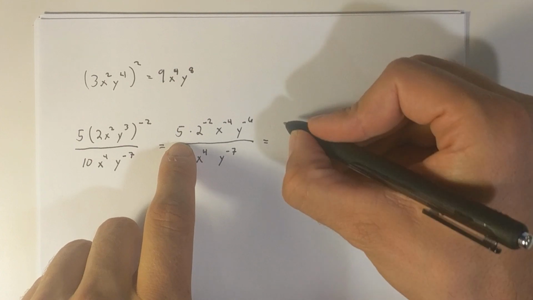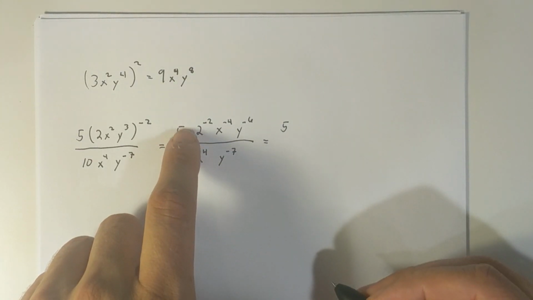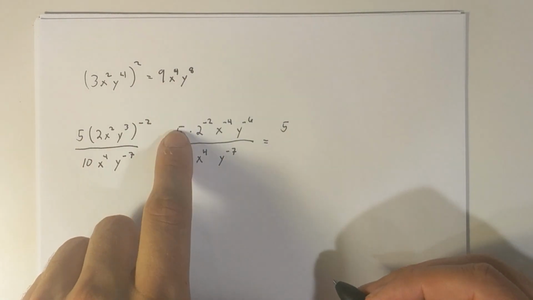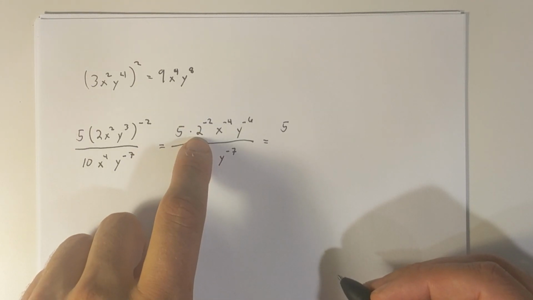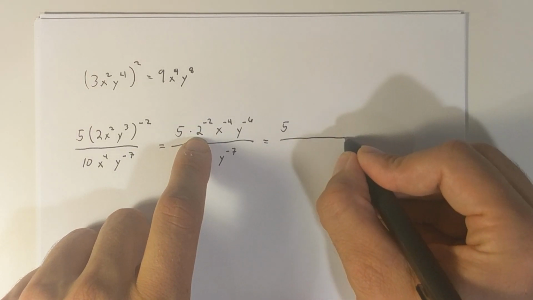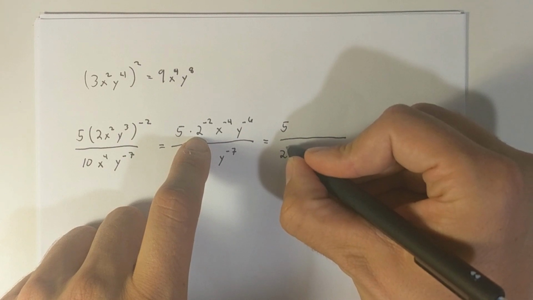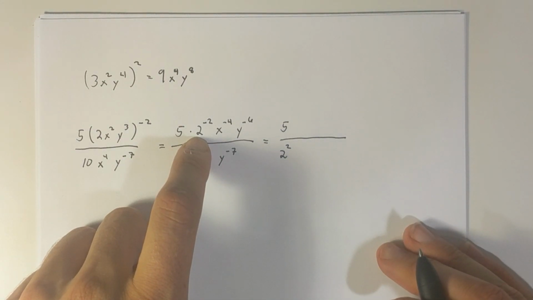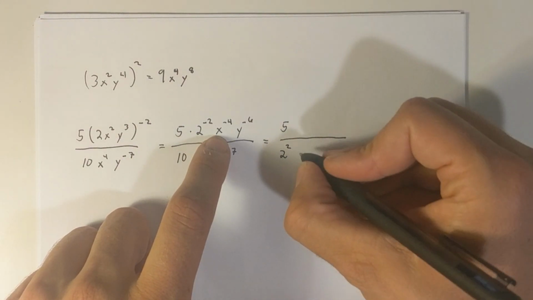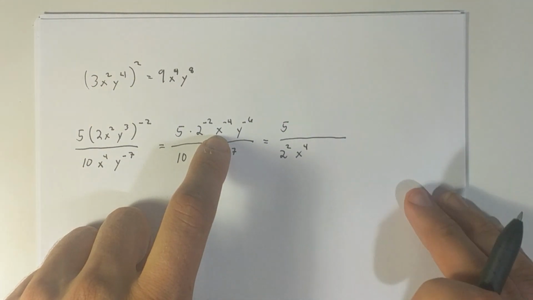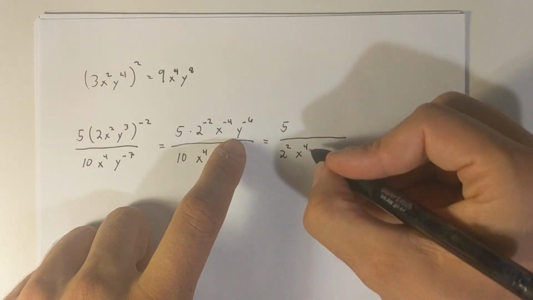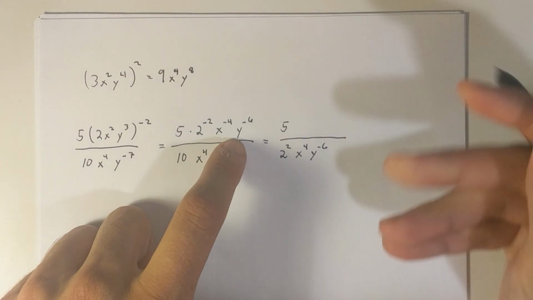The 5 is going to stay up here, because it doesn't even have an exponent, so we can just leave it. This 2, though, has a negative exponent, so I'm going to move that to the bottom as 2 squared. This x, also negative, so x to the fourth on the bottom. This y, also negative, so y to the sixth on the bottom.